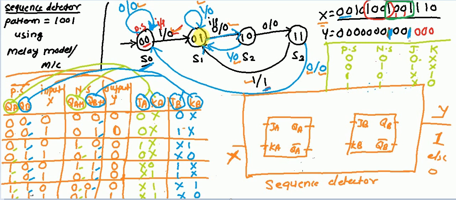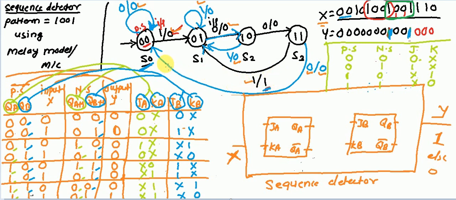Then at state S1 we remain to define the transition for 1. So there is a loop 1/0. At S2 we remain to define the transition for 1. Here we have 1/0. At S3 we remain to define the transition for 0. So at S3 we have 0/0 and it is reaching to S0.